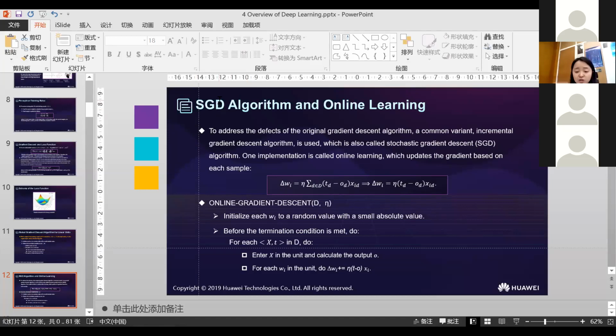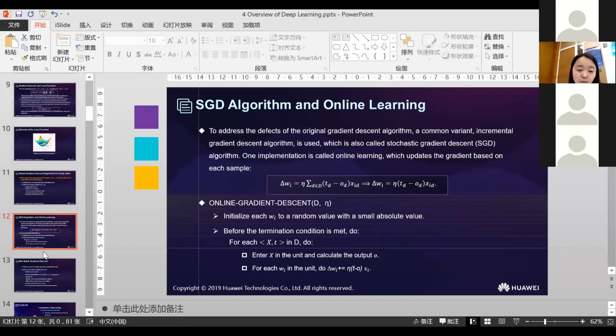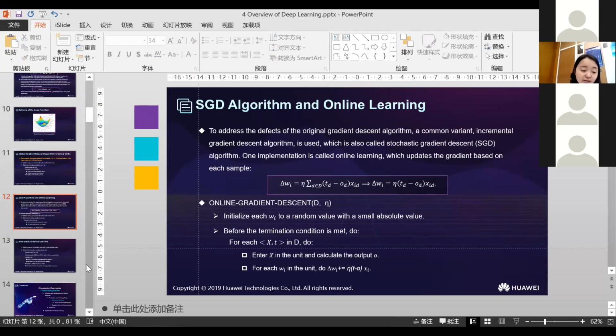We will randomly pick one sample from the whole dataset to calculate the gradient and then to update the weights and bias for the model. That is stochastic gradient descent. So compared to global gradient descent, stochastic gradient descent will not be that stable. Because with stochastic, we randomly pick one sample to calculate the gradient.